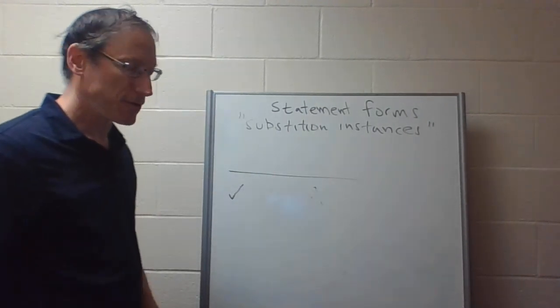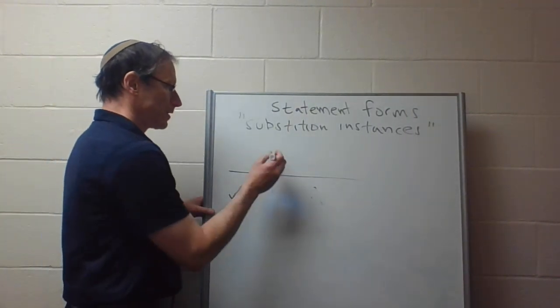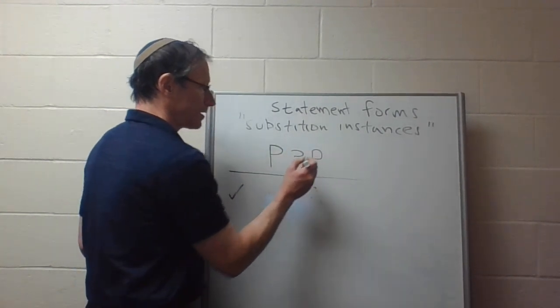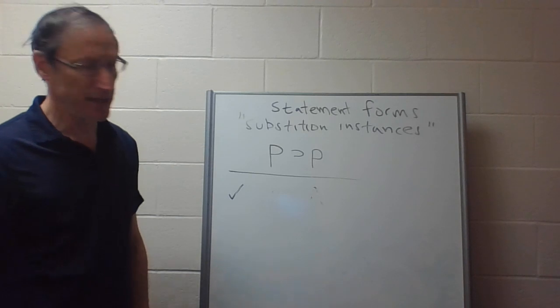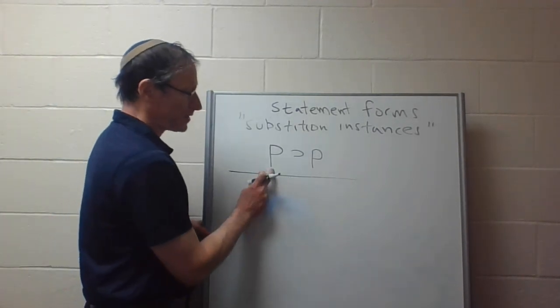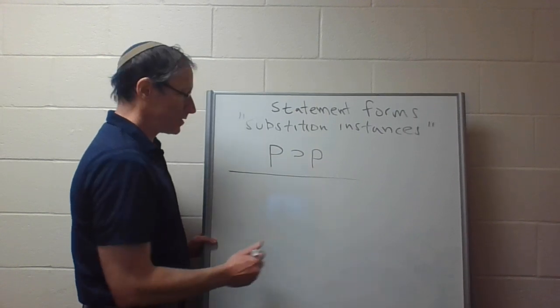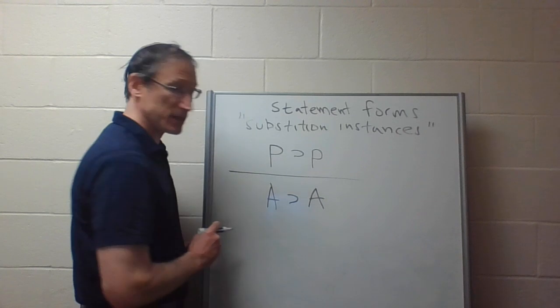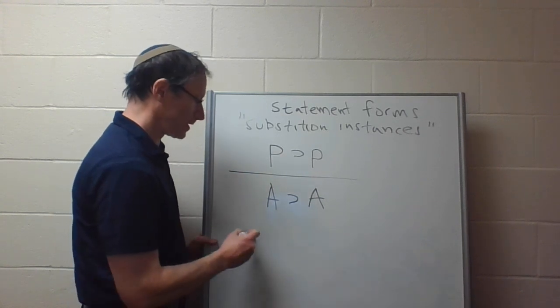Suppose I have P horseshoe P as my statement form. Whatever P is here, it has to be the same here. So A horseshoe A would be a good substitution instance of P horseshoe P.